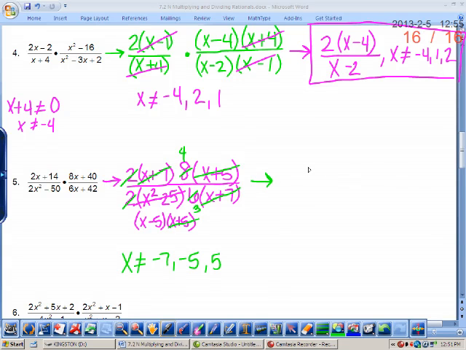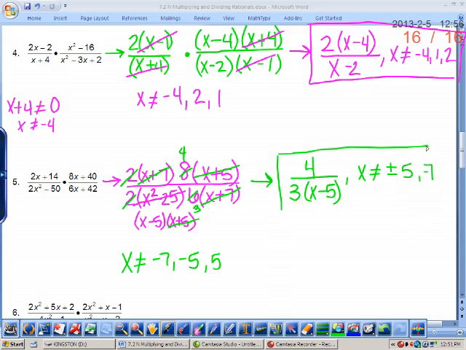So what do we have left? Where x does not equal plus or minus 5 or negative 7. Because when this x squared minus 25 factored into x minus 5 and x plus 5, by plugging in either 5, I would get 0.